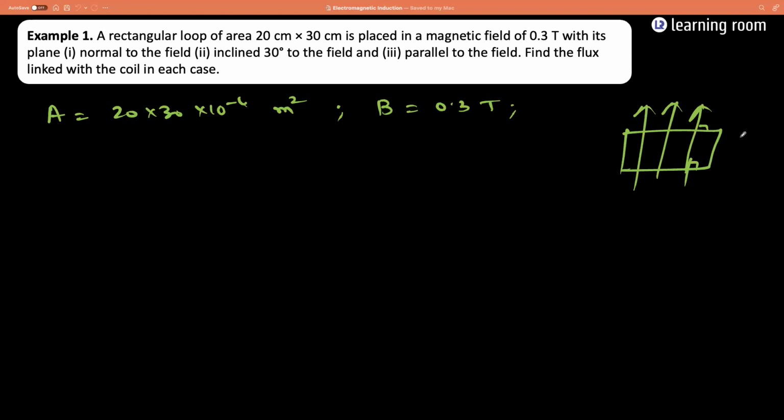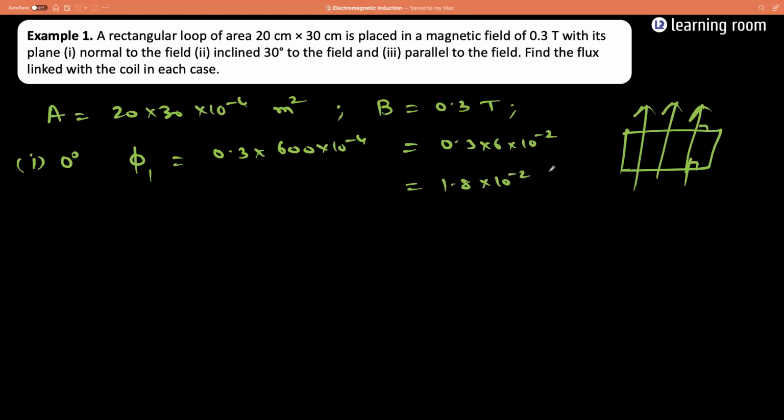In the first case it will be 0 degrees. So flux in the first case will be 0.3 into 600 into 10 power minus 4, or 0.3 into 6 into 10 power minus 2, so 1.8 into 10 power minus 2 Weber.